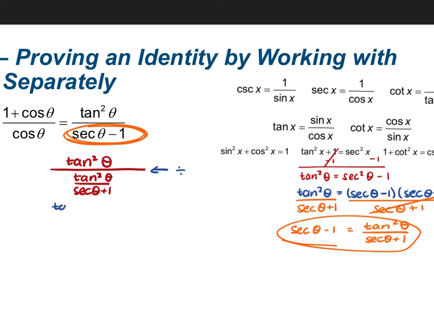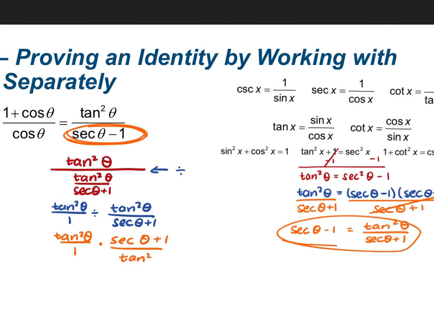So this is tangent squared theta over 1 divided by tangent squared theta over secant theta plus 1. If you keep, change, flip, this gives us tangent squared theta over 1 times secant theta plus 1 over tangent squared theta. Those tangent squared thetas would cancel, and you just have secant theta plus 1.